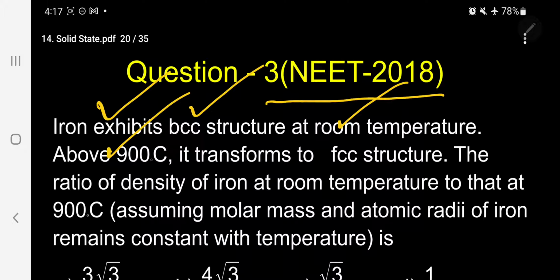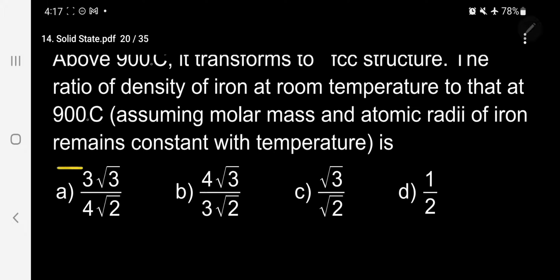The ratio of the density of iron at room temperature to that at 900 degrees, assuming molar mass and atomic radius of iron remain constant with temperature, is: options A, 3 into root 3 divided by 4 into root 2; B, 4 into root 3 divided by 3 into root 2; C, root 3 by root 2; and D, 1 by 2.